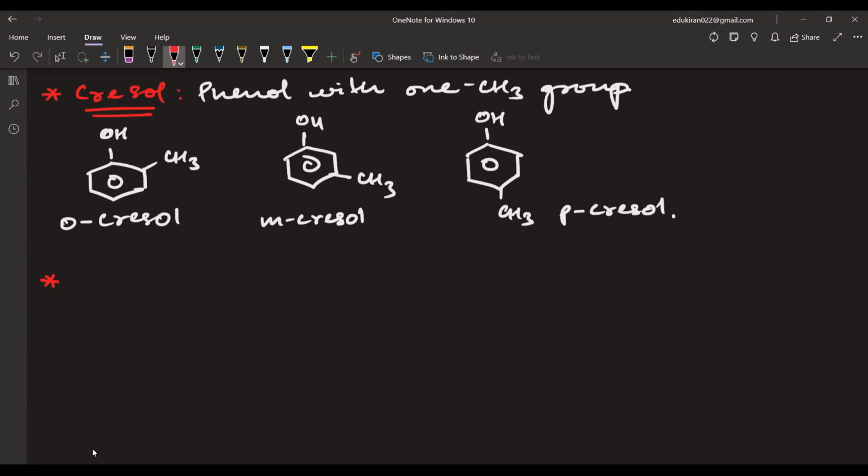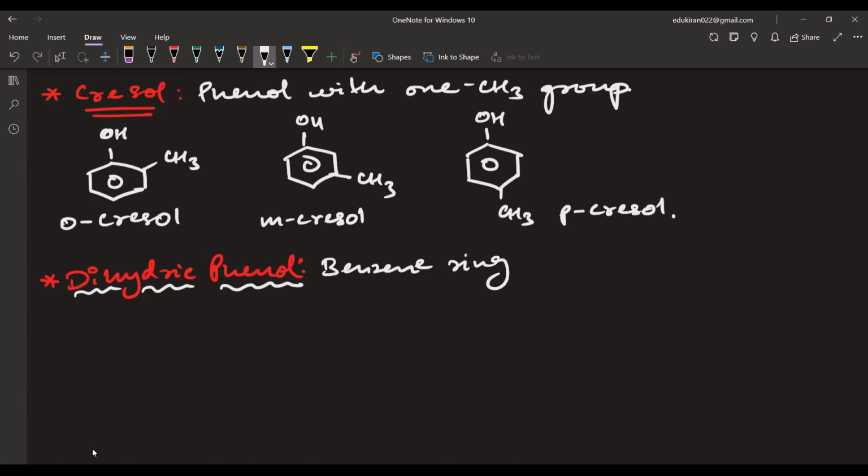Right, next, dihydric phenols. That means a benzene ring with 2 OH. You have a benzene ring, OH in the first carbon, and OH in the second carbon.